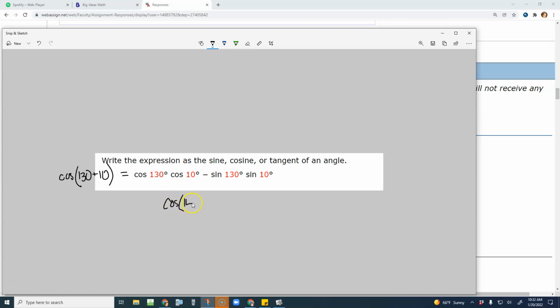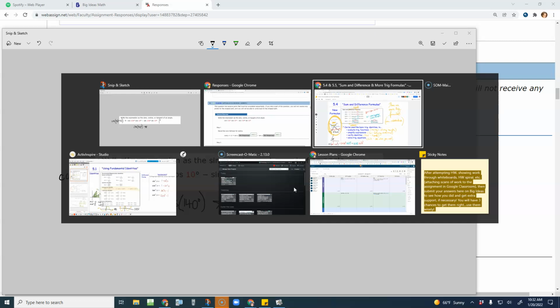Well, okay, neither one gave us unit circle values, so we're not going to be able to know exactly, but it's a whole lot easier for me to think about this, the condensed version, than to think about it as this, the expanded version. I can use my formulas 2 ways.